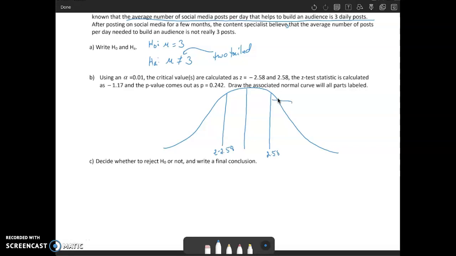So this creates our two rejection regions, both upper and lower. And we've got a test statistic of negative 1.17. So the test statistic fell right here, and the test statistic is also a z. So it's z equals negative 1.17.